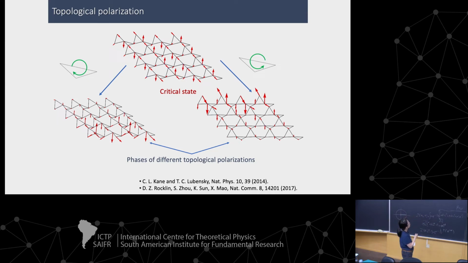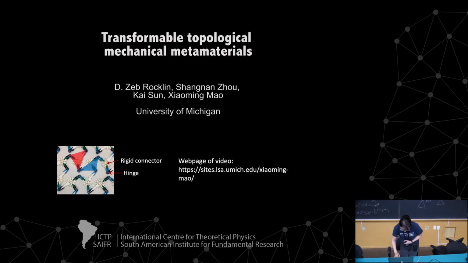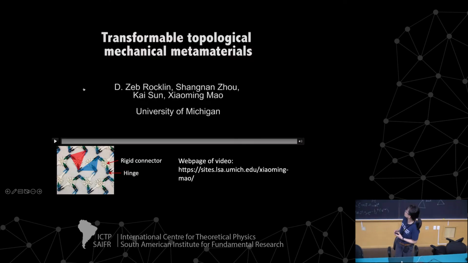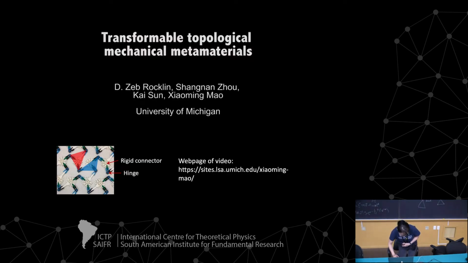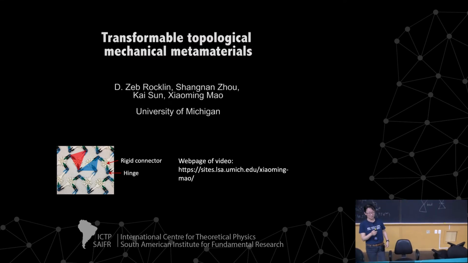That means the zero modes are in the bulk, but by changing the geometry of the lattice a little bit, you can make the zero mode to be either localized on the bottom or localized on the top, okay? And this is basically the idea of this video that I think you saw from Tom's talk, but I'll play it again because it's useful for what we talk about here.